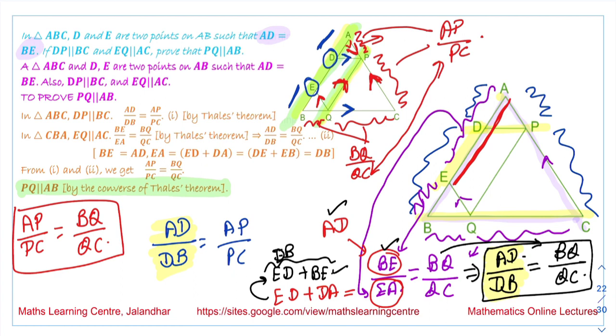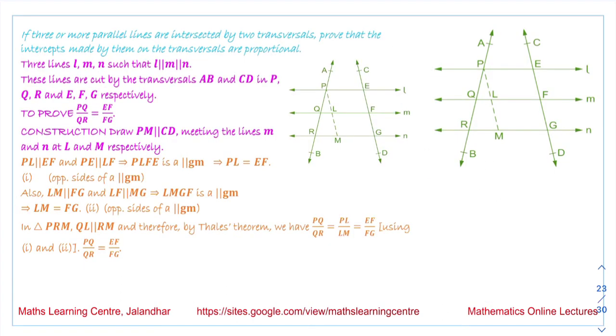Now next we are given: if three or more parallel lines are intersected by two transversals, prove that the intercepts made by them on the transversal are proportional. So we are saying these are the three lines, suppose we are considering, it may be more than three lines. We are saying these are intersected by two transversals.